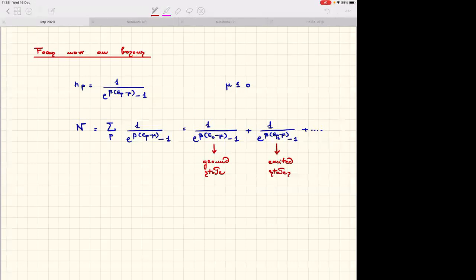All of these terms come from the fact that I can occupy also excited states with bosons, not only the ground state.